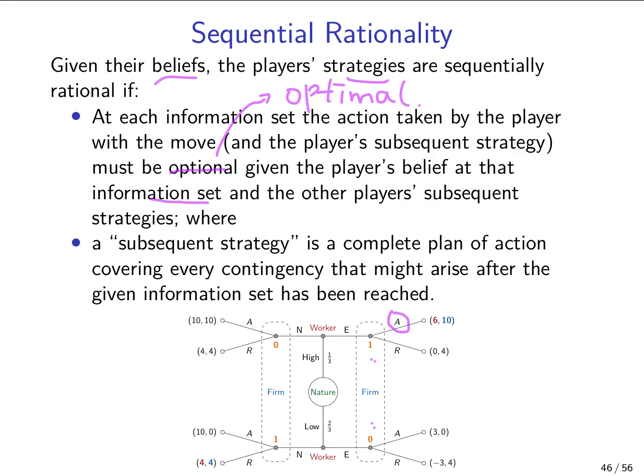because given that the high-type worker is going to choose to educate and the low-type worker is going to choose to not have education, and given that the belief is such that if the worker has education, with probability 1, the firm is here.